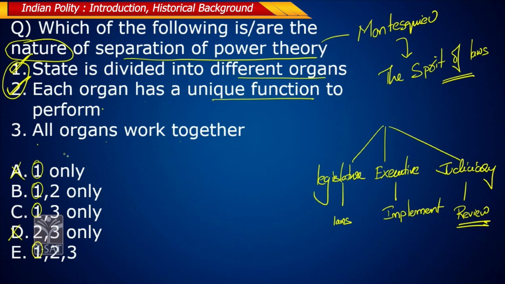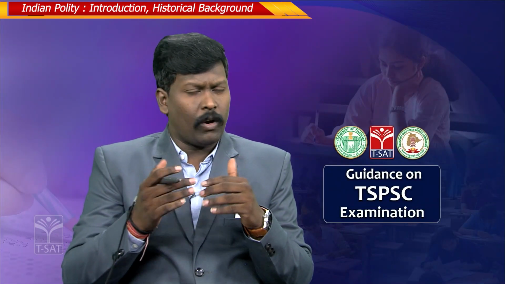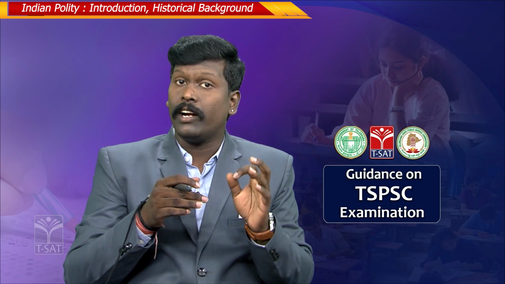Now look at the third one. All organs work together. If you look at the separation of powers theory as a theory, not in India, every organ is unique and does not interfere with each other. It is the USA where the separation of powers theory is in absolute terms.